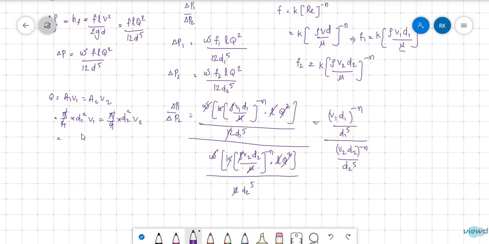So pi by 4 gets cancelled, and if we need V2 in terms of V1, V2 will be D1 squared by D2 squared into V1. Substituting this V2 in the equation, we get V1 D1 power minus n by D1 power 5 divided by (D1 squared by D2 squared into V1) into D2 power minus n divided by D2 power 5.